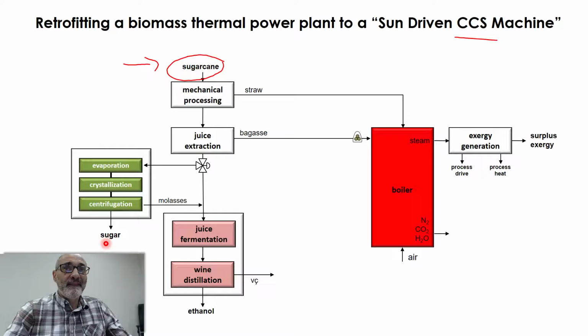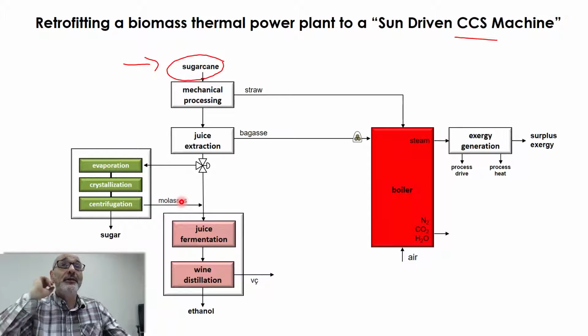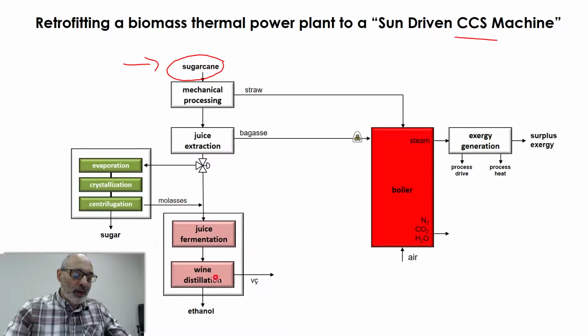If they produce sugar, they can also produce ethanol with the molasses. Yes, they can, and that's what I was going to say. In some countries, like South Africa or India, they don't have these ethanol facilities, so they can only produce ethanol from molasses, and not in high quantities.